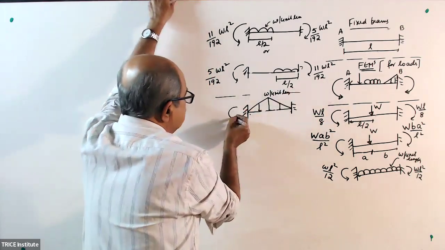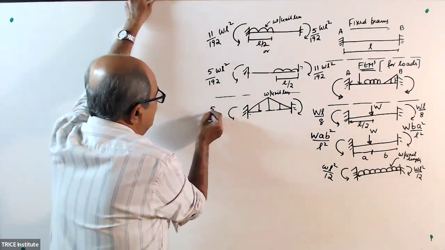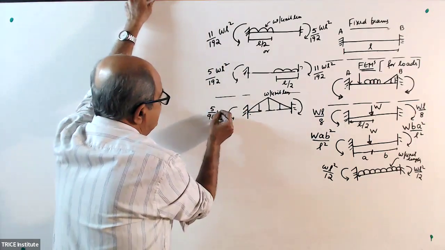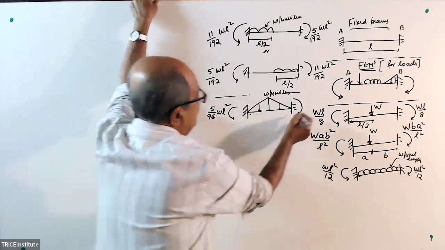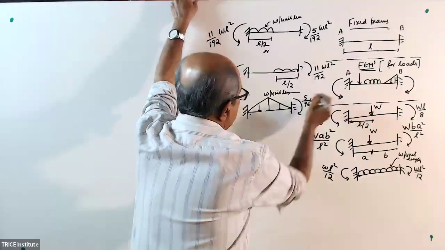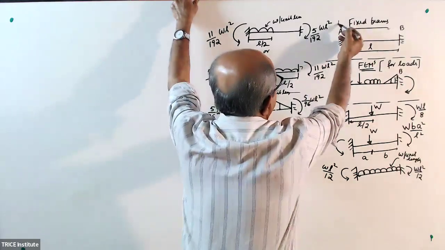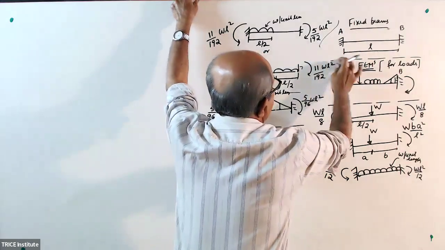Then both moments are equal. The values, which you have to memorize, are 5 by 96 WL square here, and here also 5 by 96 WL square. Both are equal. Remember, I will put a line here so that left and right do not merge.